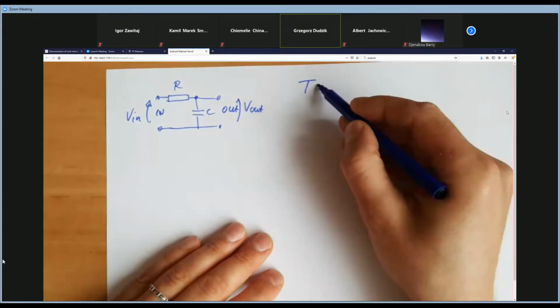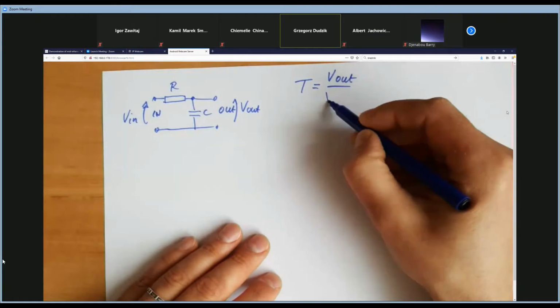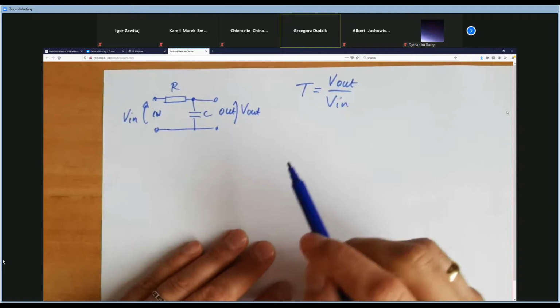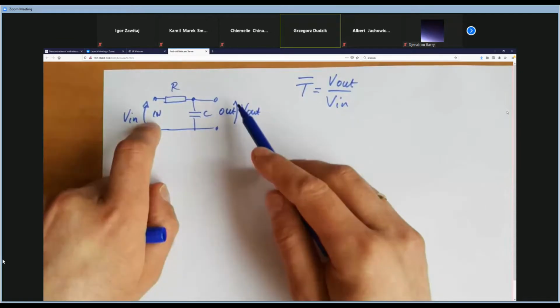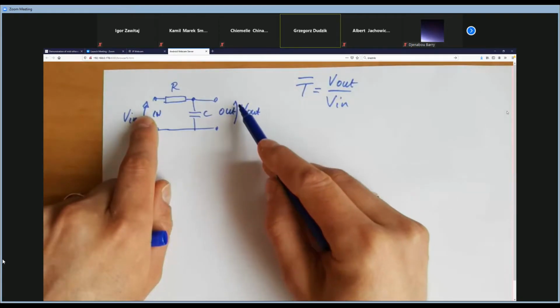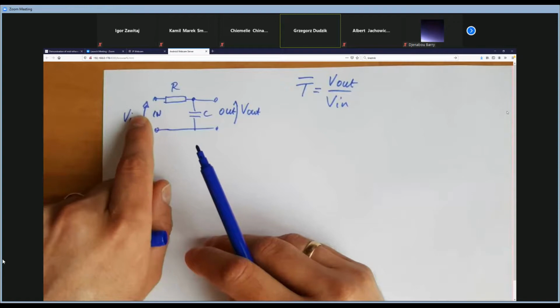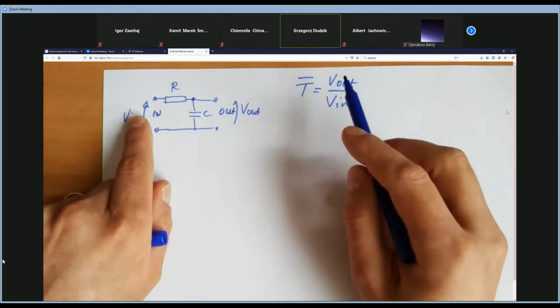In other words, the transmittance is V out over V in. As you see, this is a complex number, because we can observe the change of the output signal in amplitude and phase. So that's why the transmittance is a complex number. In general, the transmittance is V out over V in.